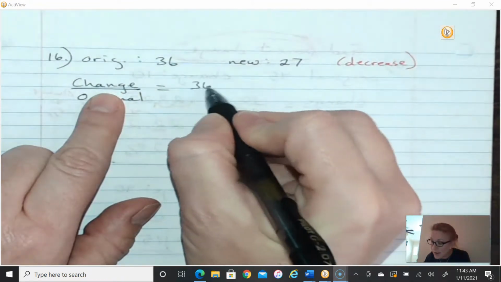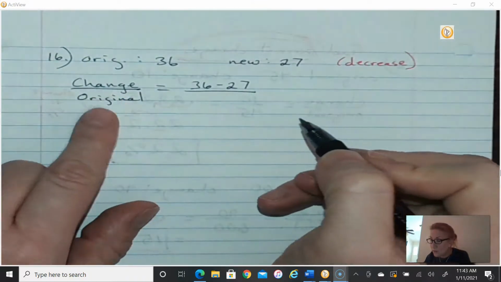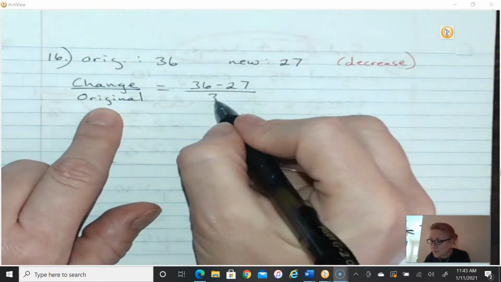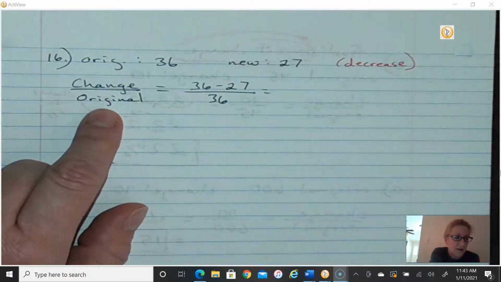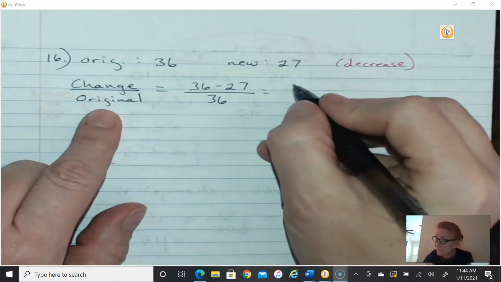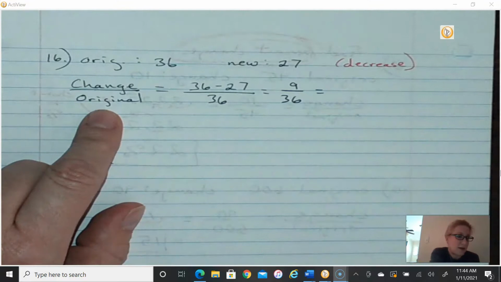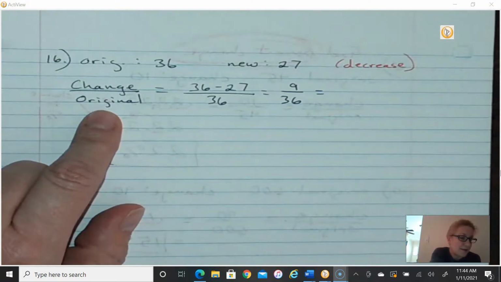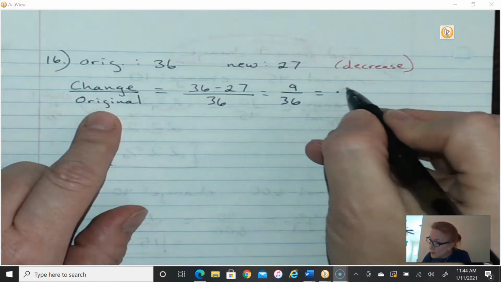So we're going to subtract 36 minus 27 over the original. The original is 36. So 36 minus 27 is 9 over 36. So then 9 divided by 36 is 0.25.